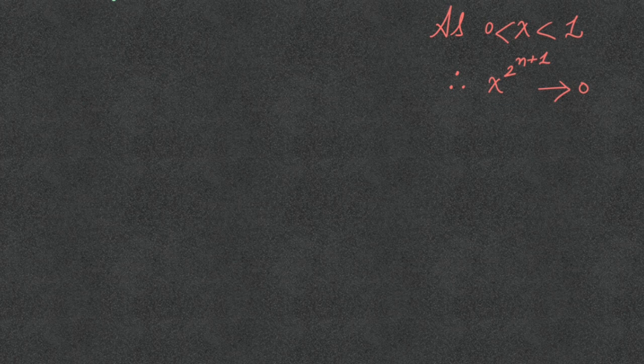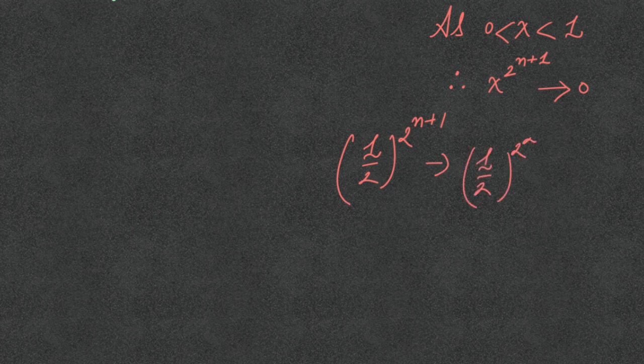For example, if I take any number between 0 and 1, let's say it is 1 by 2, and if I take 2 raised to power n plus 1, now as n tends to infinity, 1 by 2 raised to power infinity will tend towards 0. So for every number between 0 and 1 it will always tend towards 0.